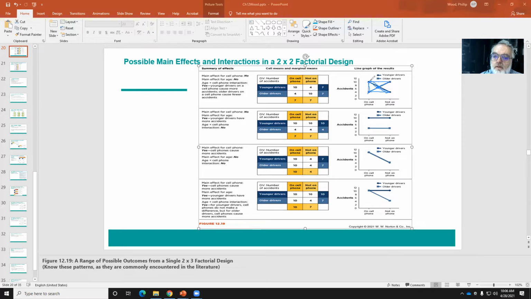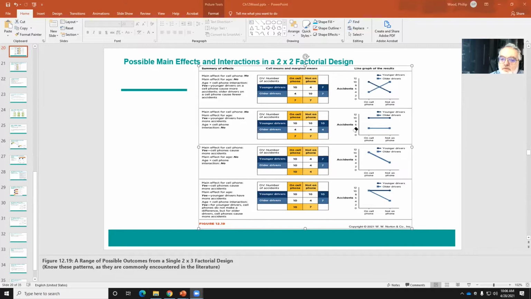I mean this mean and this mean. On the cell phone, younger and older gives me a dot here. Not on the phone, between here and here gives me a dot here. So there's no main effect on either variable, but there is an interaction going on.